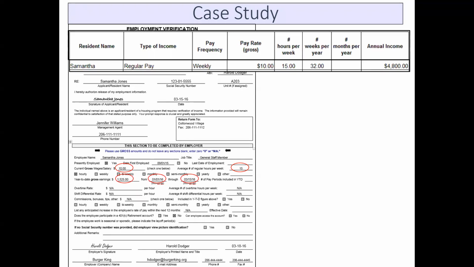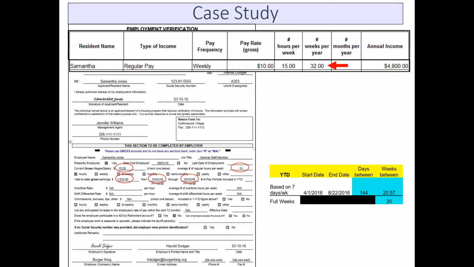Or do we? Notice when I calculate up her income, I have $10 an hour times 15 hours a week times 32 weeks in the year. Now, if you're thinking, how did I come up with 32 weeks? Well, remember when we looked at Samantha, when I told you to look at her birth date and that she was 17 and going to be turning 18, what we want to do is count her income not when she's 17, but from the time she turns 18 until the end of the certification period.